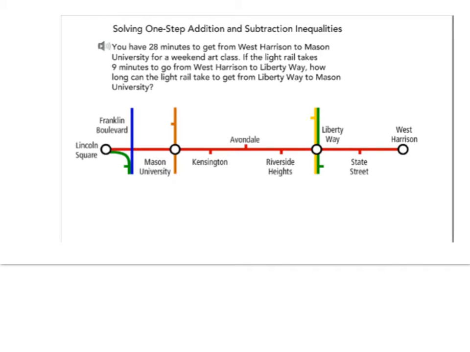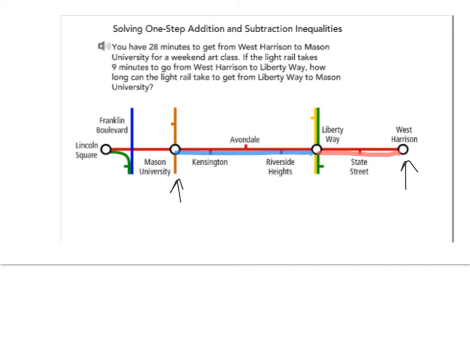So, you have 28 minutes to get from West Harrison to Mason University. If the light rail takes 9 minutes to go from West Harrison to Liberty Way, how long will it take for the light rail to go from Liberty Way to Mason University?